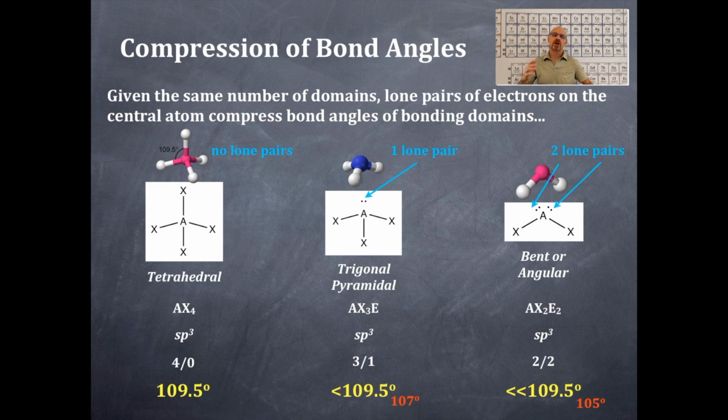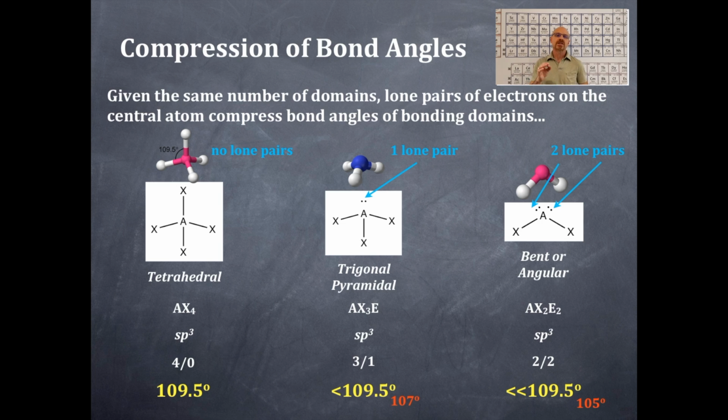So, compression of bond angles due to lone pairs of electrons on the central element. We don't care about lone pairs on the outside elements, we care about compression of bond angles on the central element. I want you to go look at the molecular geometry video and take a look at some of those that have compression of bond angles, like less than 90.